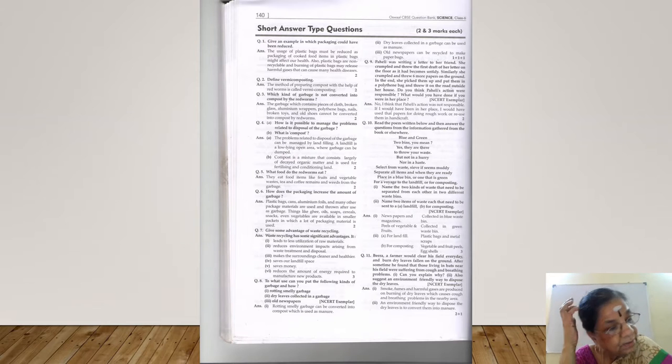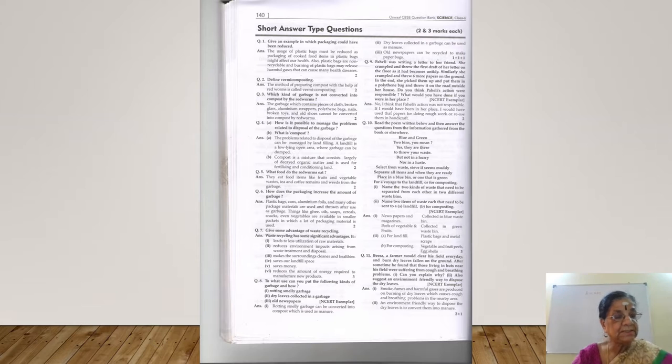Then நம்ம புக்கில் இருக்கு இந்த ஒரு கொஸ்டின். Peli was writing a letter to her friend. She crumpled and threw the first draft of her letter on the floor as it had become untidy. Similarly, she crumpled and threw 6 more papers on the ground. Then she picked them up, put them in a polythene bag and threw it on the roadside.